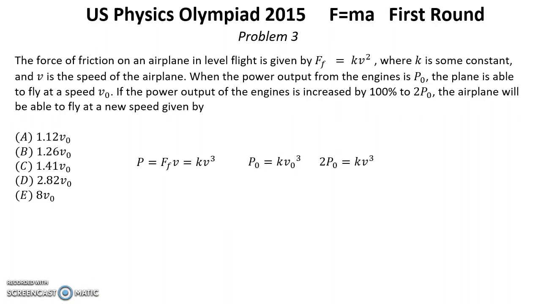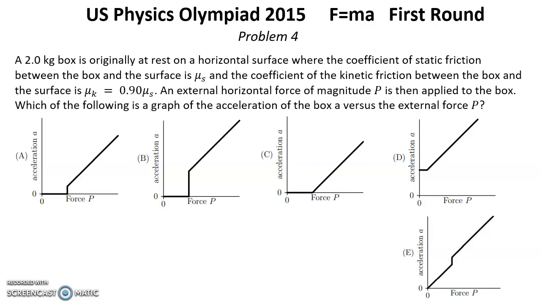If we increase power twice, we can use this formula to find the new speed. That will be the cube root of 2 times V0, which is approximately 1.26 V0. That's the answer B.